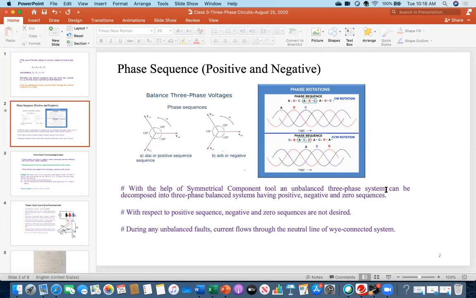This means that if you have zero sequence current, for example, IA plus IB plus IC, they have equal magnitude, but they add up to 3 times. For example, 10, 10, 10, 30 ampere. And that 30 ampere zero sequence current will start flowing through the neutral in case of a Y connected system. In case of a delta connected system, there is no path, there is no neutral.